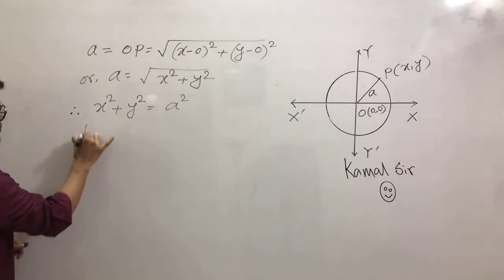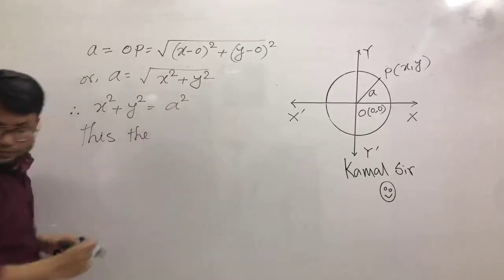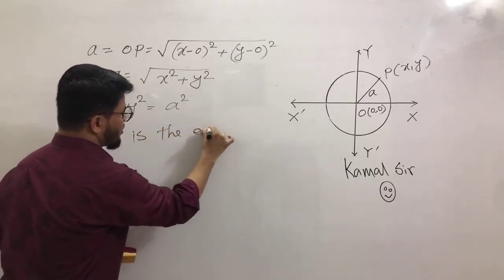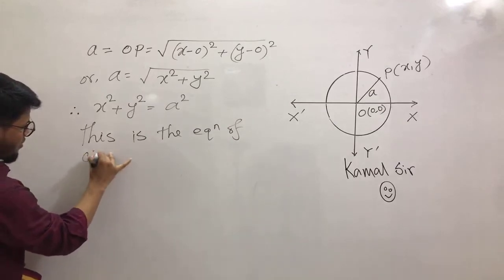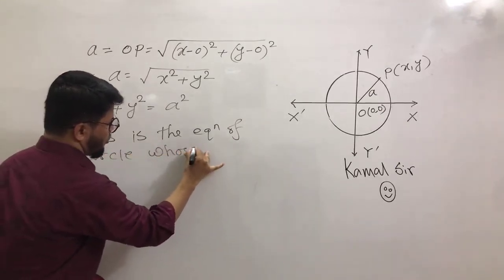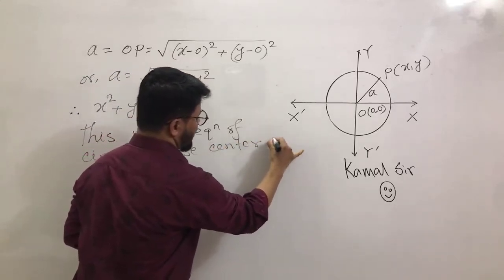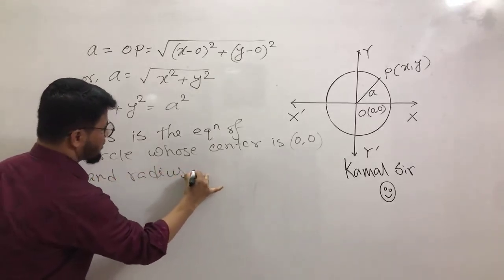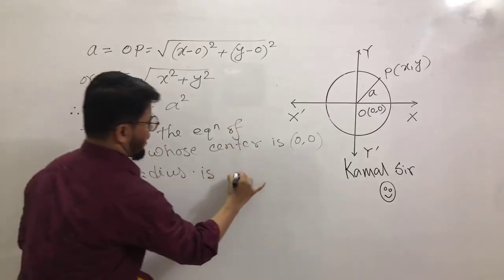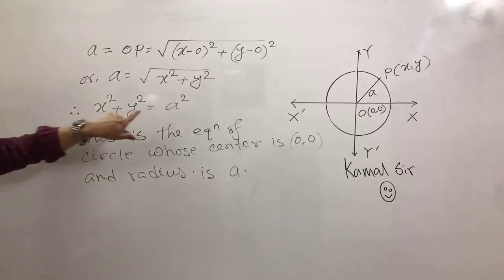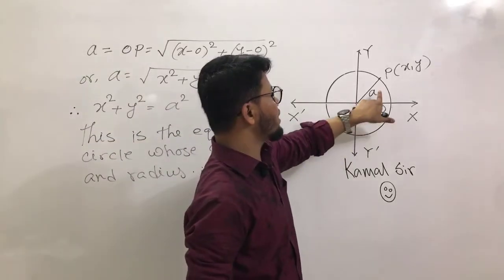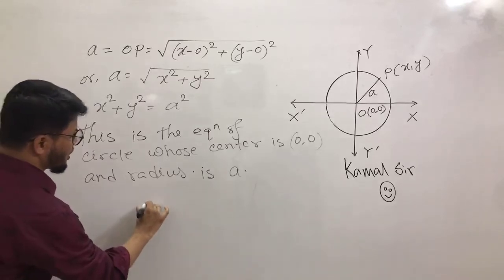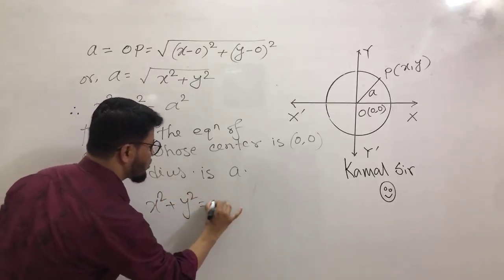So this is the general form, the equation of circle whose center is 0, 0 and radius is A. So this is the general form of the equation whose center is at the origin and radius is A. So if any circle whose center is 0, 0 and radius is 5, you can write it like x square plus y square equal 5 square.